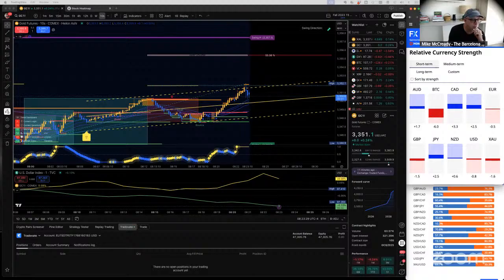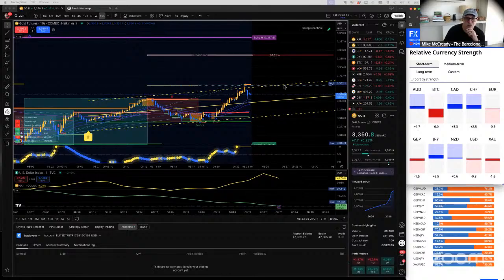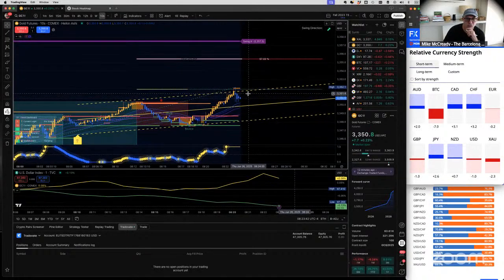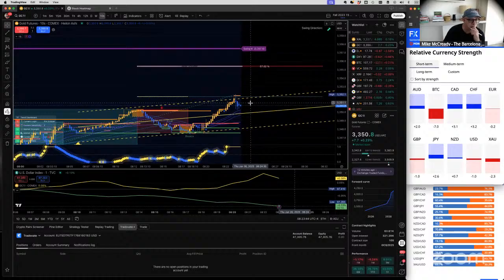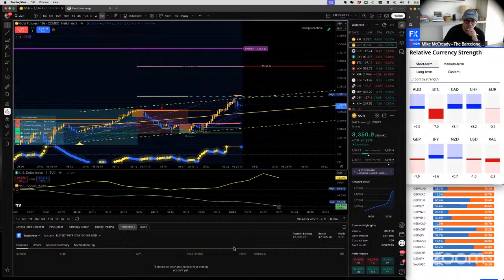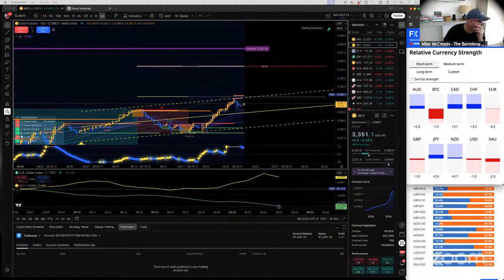So if price moves back up and breaks through this little dash blue line here and that little orange line right there, then I think we have a buy trade. We have something to buy. I'd like to see it move with some decisiveness. Right now, it's a little lazy.